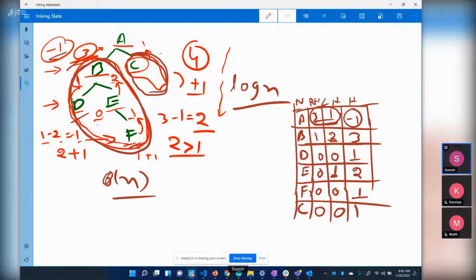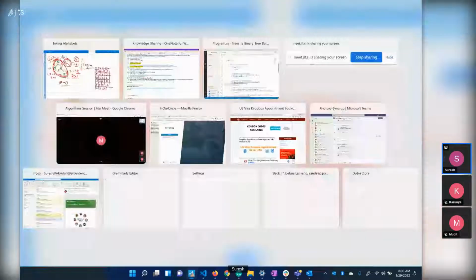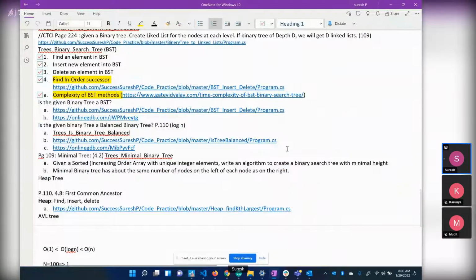Okay, good. So we can go to the next algorithm. This is also a binary tree problem, an interesting topic. Given a sorted increasing order array with unique integer elements, write an algorithm to create a binary search tree with minimal height, that is called a minimal binary tree.